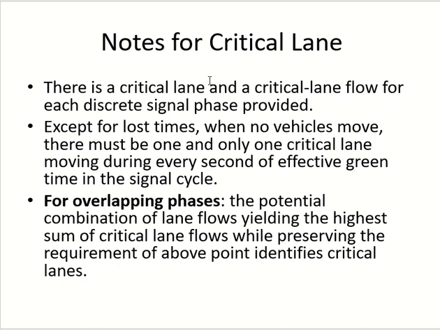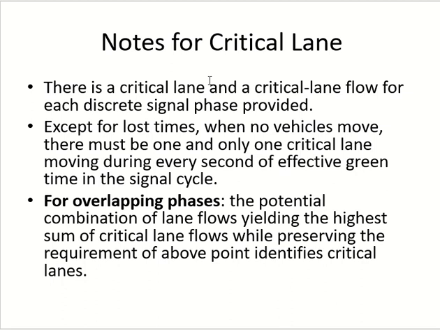Got it? Okay. Now, I said at least one critical lane open because you can have more than one critical lane open as well. We call them overlapping phases. 2 phases which have a common time, which have a common interval. Overlapping is you have 2 phases or maybe more than 2 which have a common time interval.